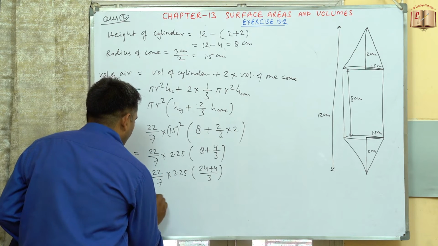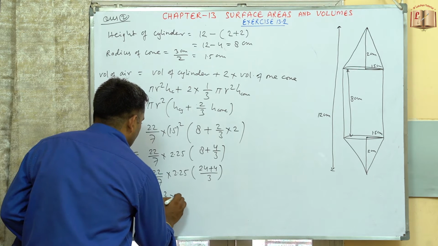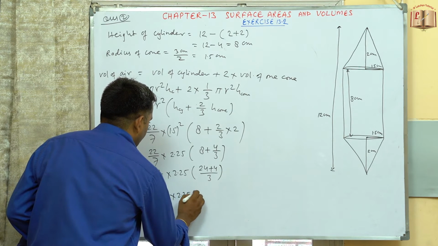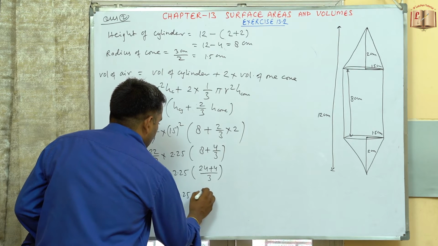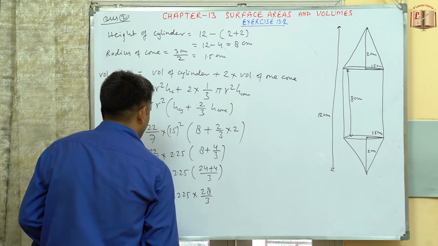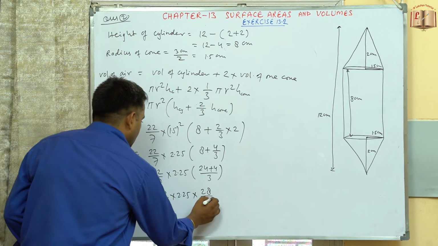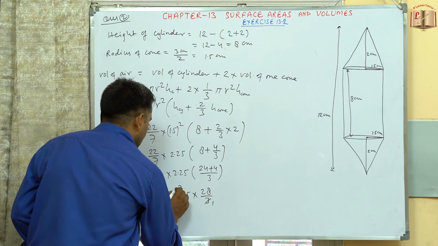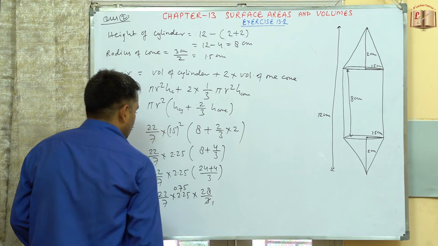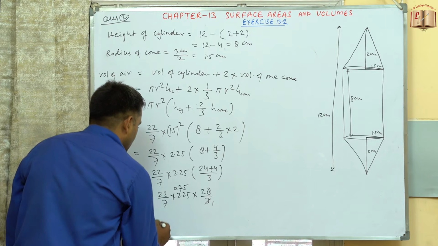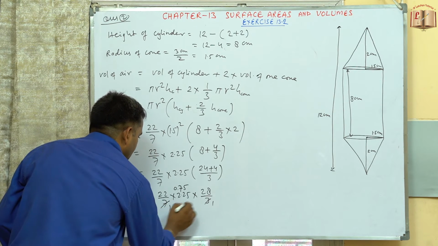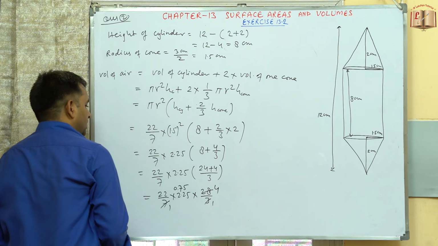So we can simplify it. So this will be 22 by 7 into 2.25 into 28 by 3. So 3 1 ja 3, 3 7 ja, so this will be 0.75. So on simplification, 7 1 ja 7, 7 4 ja 28.